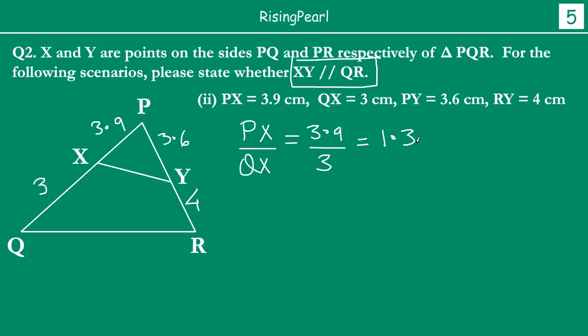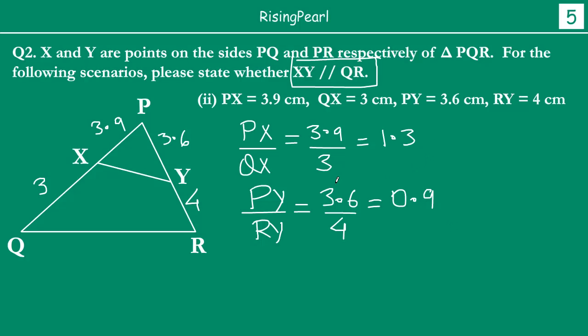So this ratio gives you 1.3. Now similarly we want to get the ratio on the other side, on PR. We have PY divided by RY. So this will be 3.6 divided by 4, and 4 9s are 36, so you will have 0.9.